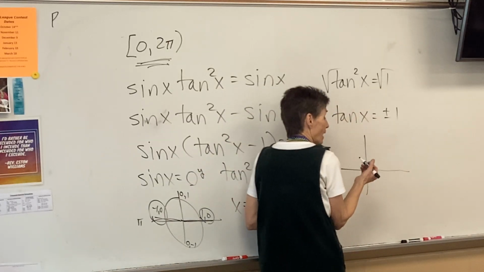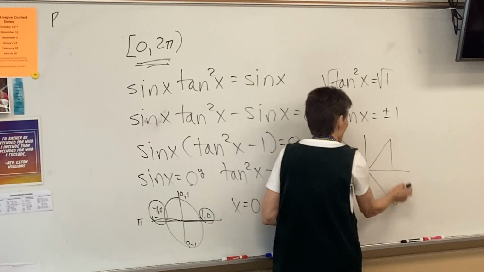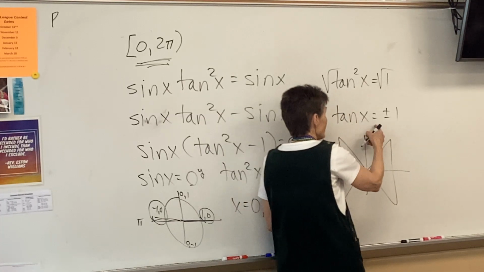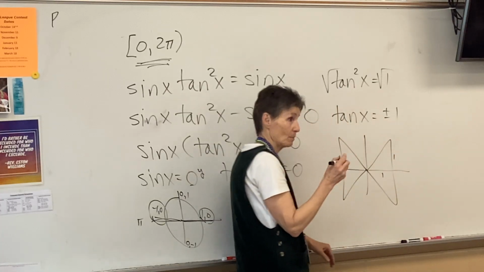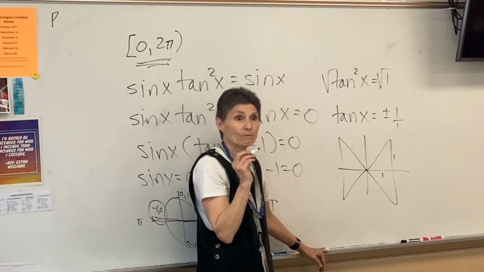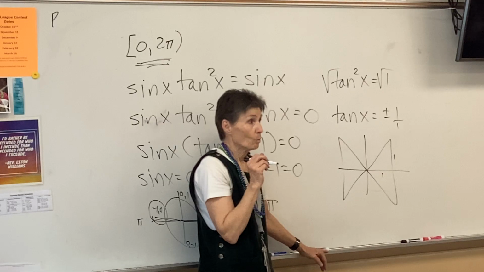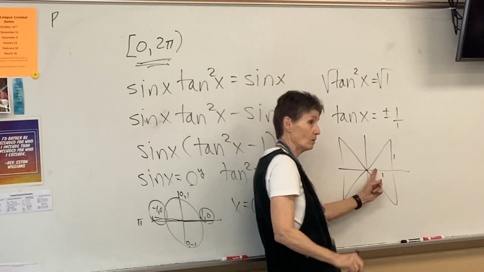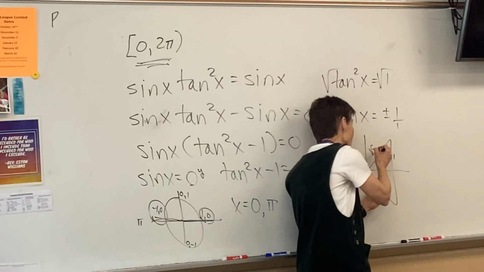Now I'm looking around. I'm trying to figure out where the tangent can be 1. Tangent is opposite over adjacent. What kind of angle has opposite and adjacent the same, like 1, 1?